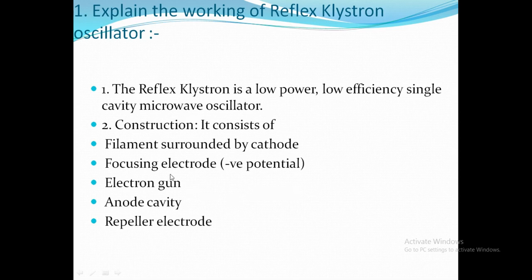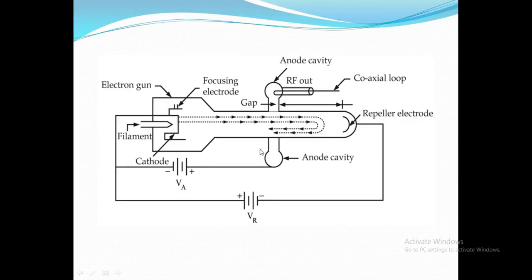Coming to the construction, it consists of a filament surrounded by the cathode, a focusing electrode at a negative potential, an electron gun, an anode cavity, and a repeller electrode. First is the filament that is surrounded by the cathode.